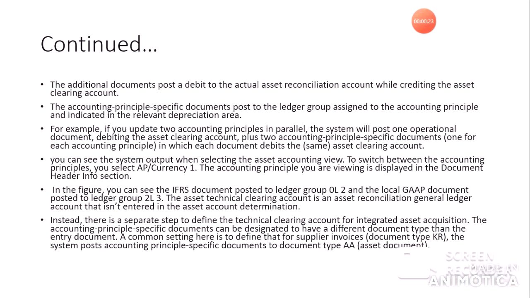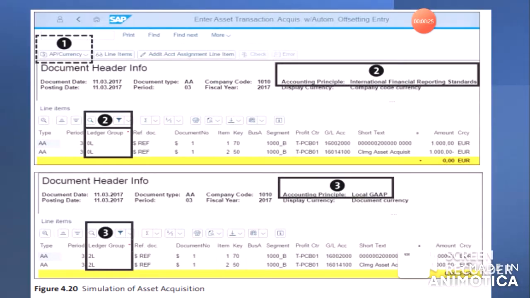So now let us see how the screen looks. This is the asset transaction without automatic offsetting entry. If we see here, it has updated the ledger group and the document type is AA.